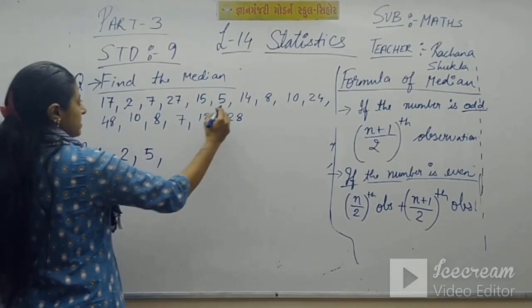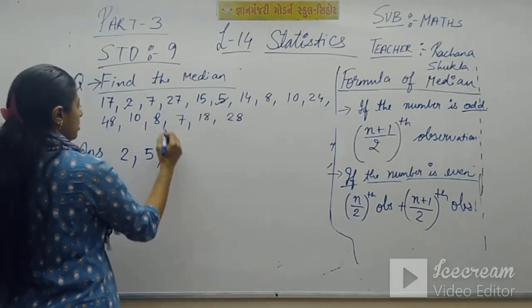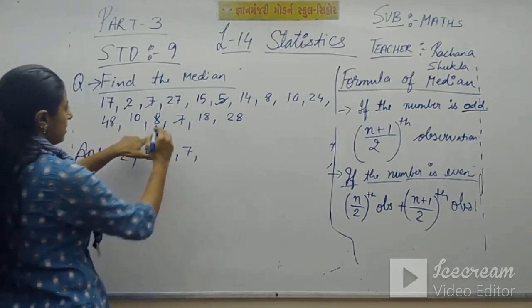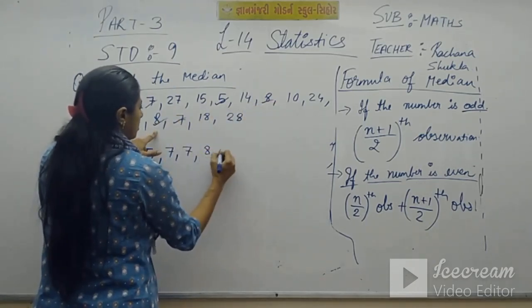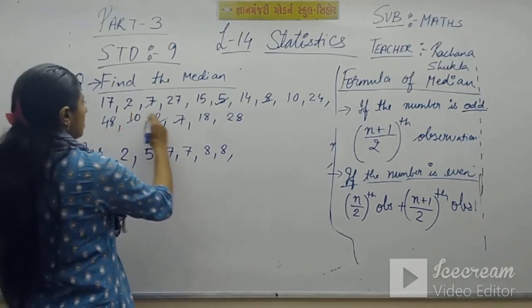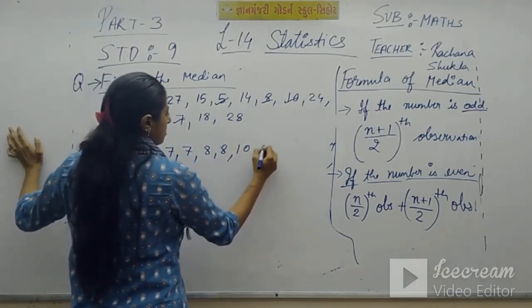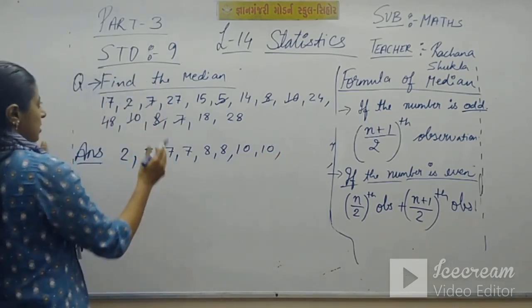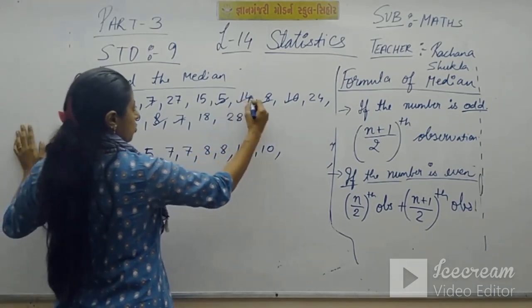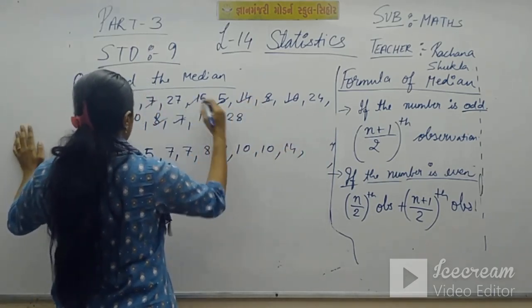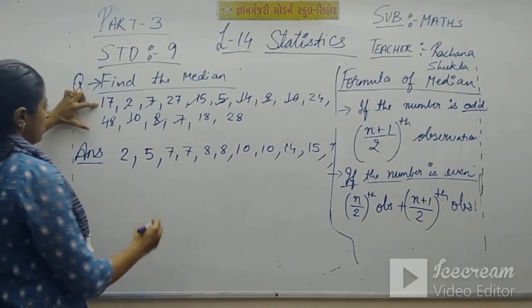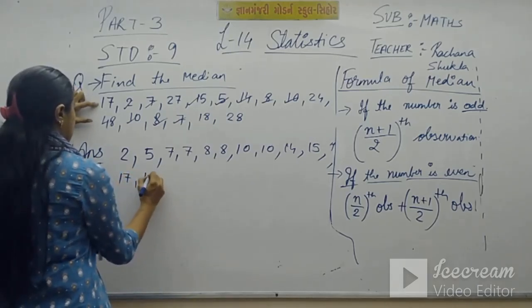Then 7, 2 times. 8, 2 times. 10, again 2 times. Then 14, 1 time. 15, 1 time. 17, also 1 time. 18, also 1 time.